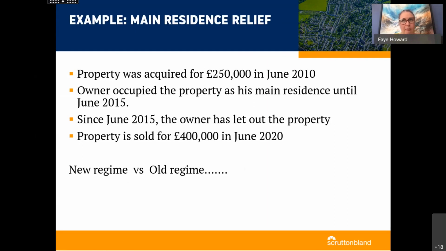One's my client, one was somebody else's, where they were disposing of properties and potentially there was a large amount of lettings relief at stake. Both of those sales were due to take place prior to the 5th of April, but because of COVID, they didn't. And the question that we're being asked is, will there be any extensions to lettings relief and private residence relief? And the answer to that at the moment is we don't know.